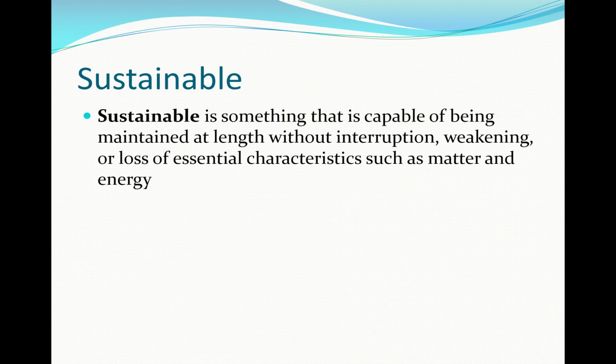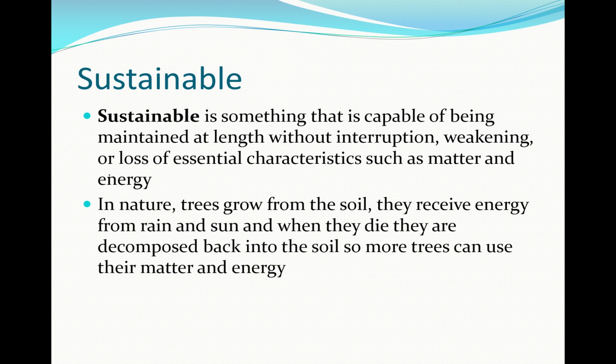So we need to know what the term sustainable means. Sustainable means it's something that is capable of being maintained at length without interruption, weakening, or loss of essential characteristics such as matter or energy. So the term sustainable works really well in nature. In nature, trees grow from the soil.